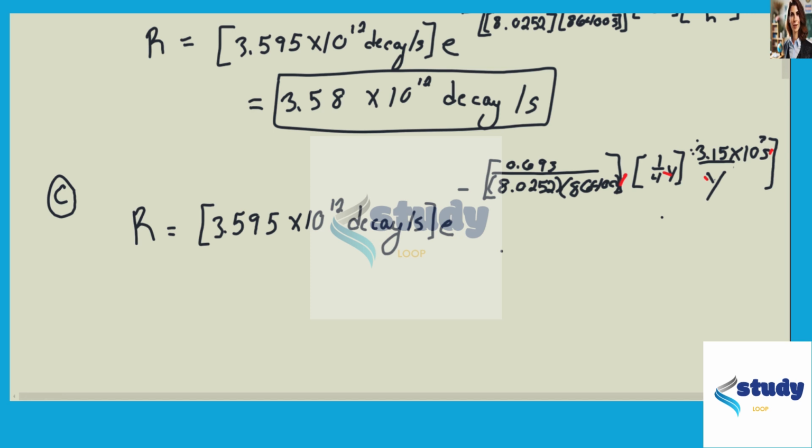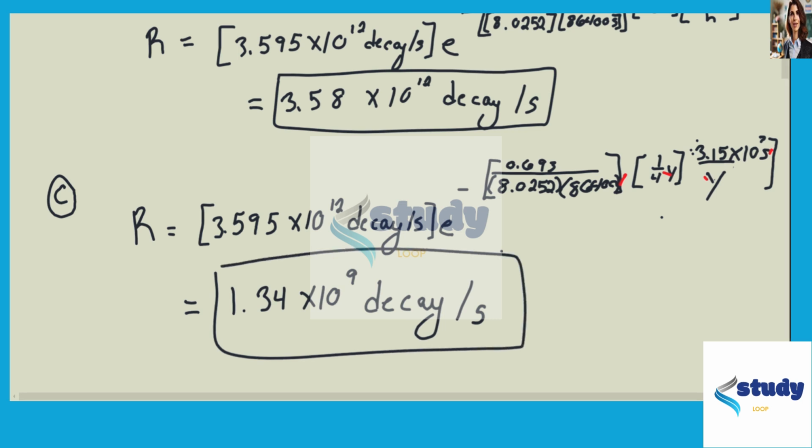With all that conversion, we should receive 1.34 times 10 to the 9 decays per second. Okay, and that's your answer for C.